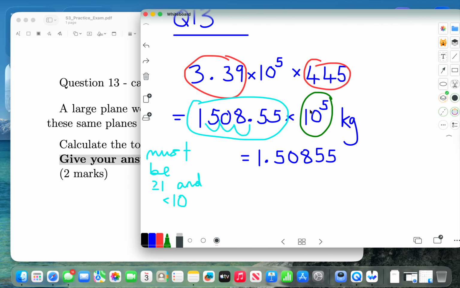So we do the opposite to the green one. We've divided this by 10 three times, so we multiply the whole thing by 1000. 1000 is 10 cubed, so we can multiply by 10 cubed.